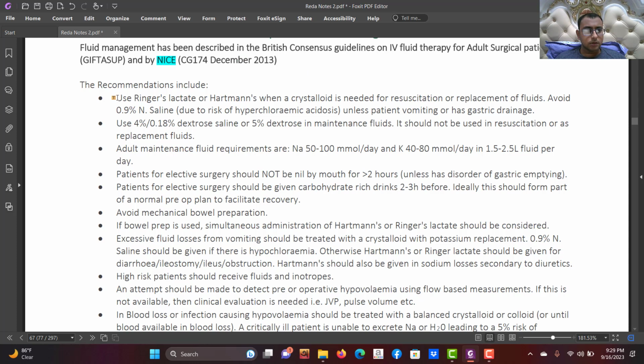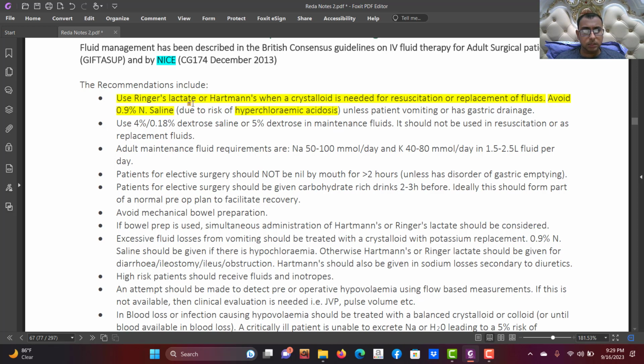So Ringer's lactate or Hartmann's solution is used as a crystalloid for resuscitation or replacement of fluid. It is an isotonic fluid, and avoid 0.9% normal saline due to the risk of hyperchloremic acidosis.